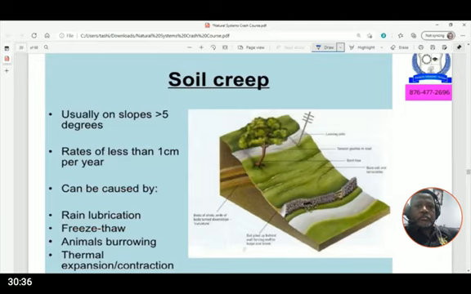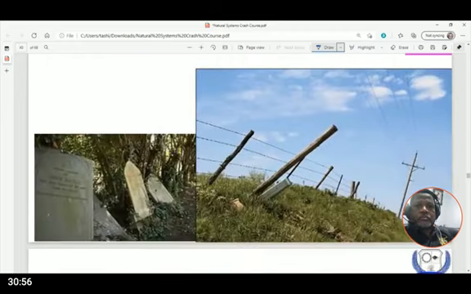Thermal expansion and contraction. So that would be as a result of temperature as well. That would actually cause the soil to contract and expand and cause movement to take place. So those would have been our evidence that soil creep is taking place.